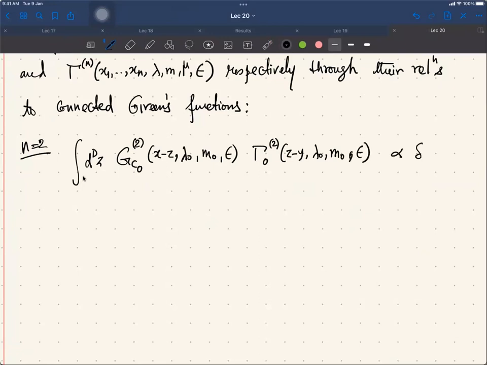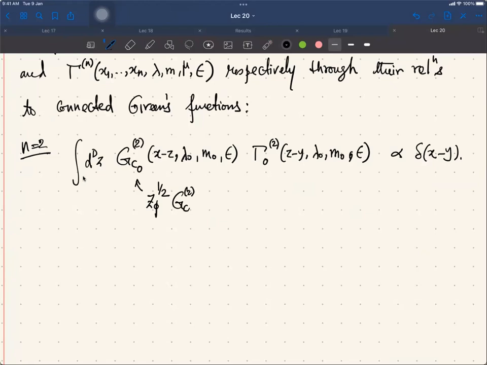This must be proportional to delta(x minus y). And since this is the same as Z phi to the power half, we just got the relation between the bare Green's function and the connected and renormalized Green's function.